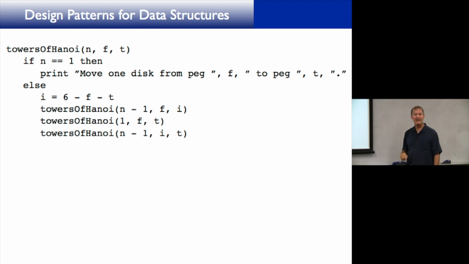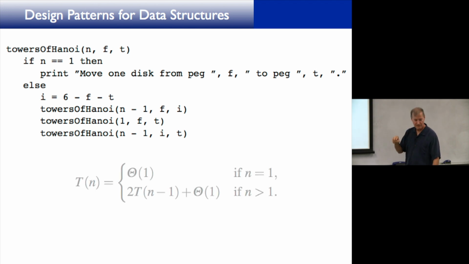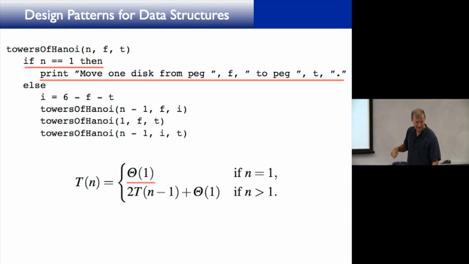Okay, so now can you tell me what the recurrence is? It sounds like we're really close. So what is the recurrence? Not squared. Close, no cigar. You do it twice. Are you with me? So it's theta of 1 if n equals 1, then it's 2T of n minus 1 plus big theta of 1. Here, the big theta of 1 is this.